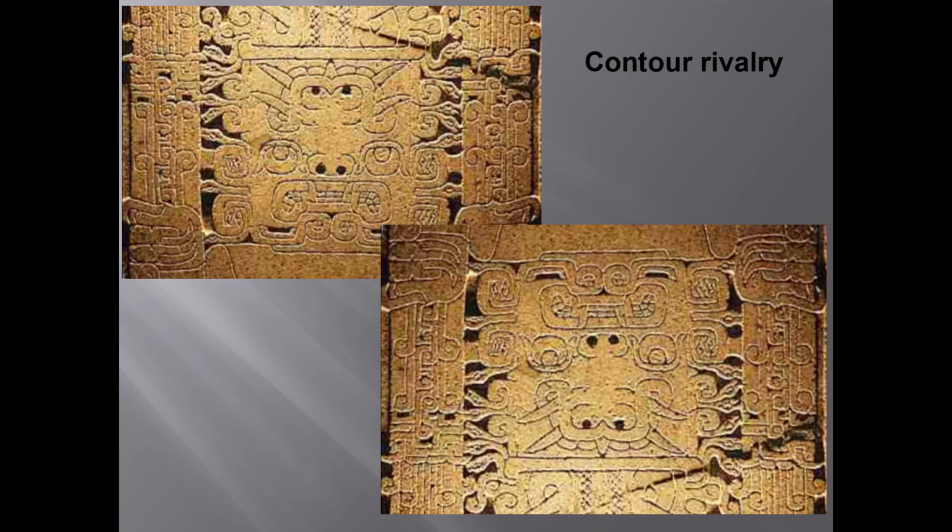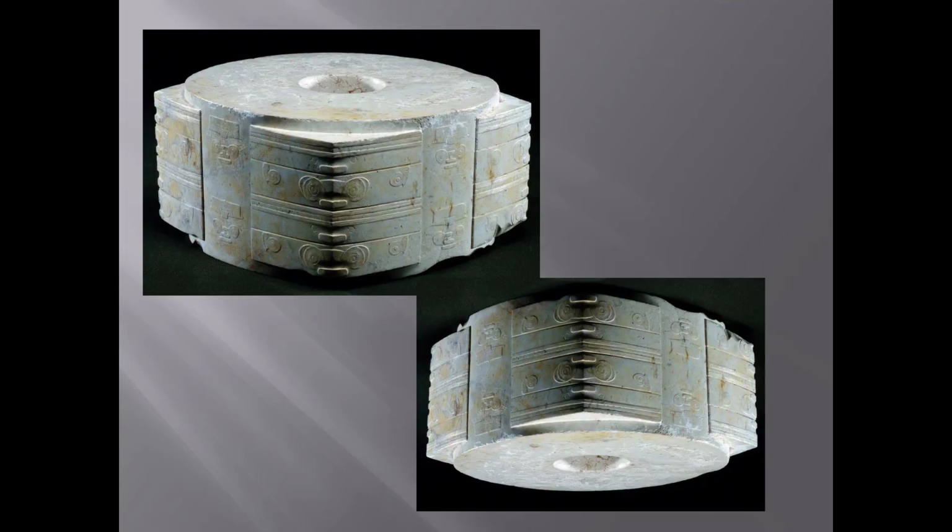So here's an example from the Andean culture of Chavin de Huantar, which frequently used this technique. By contrast, note that the jade Kong was designed so that the design persisted even when the object was turned over. The Chinese were very big on continuity. Contour rivalry in the art of the Americas signals a fascination with transformation or change.